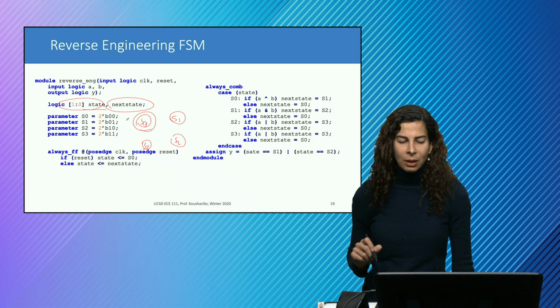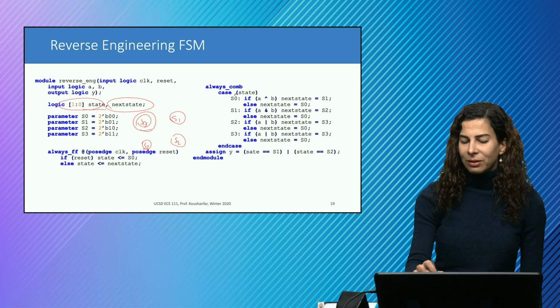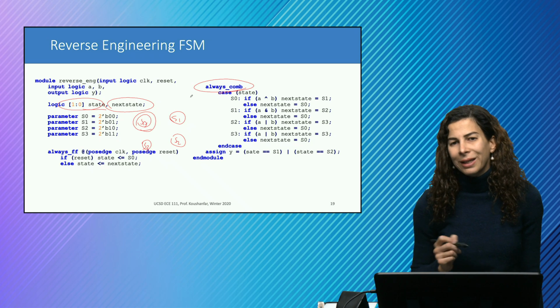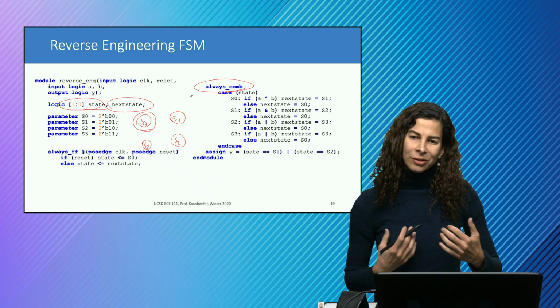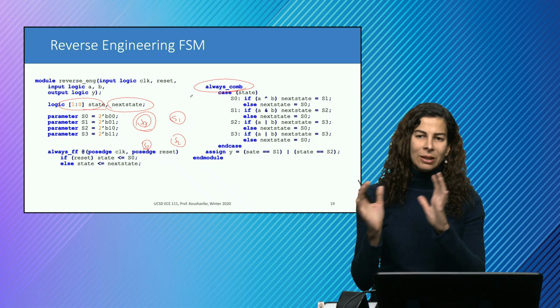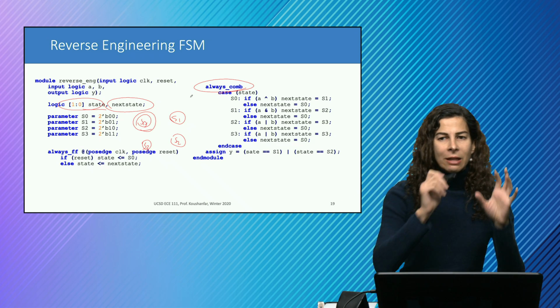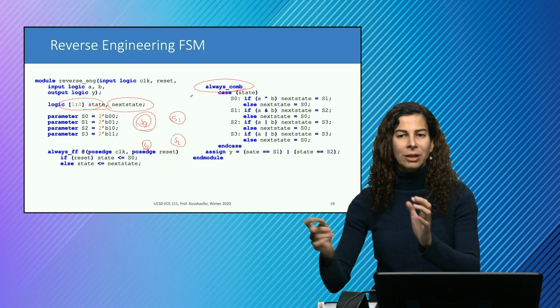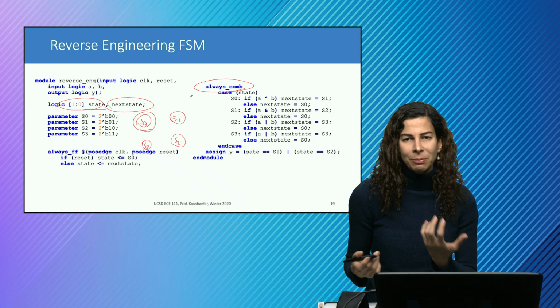Now what you see here is a case statement in a combinational format. Again, the combinational circuit is usually, if you remember those arrows going from one state to the other, it says if you are in this state and this input comes, then you go to the next state.